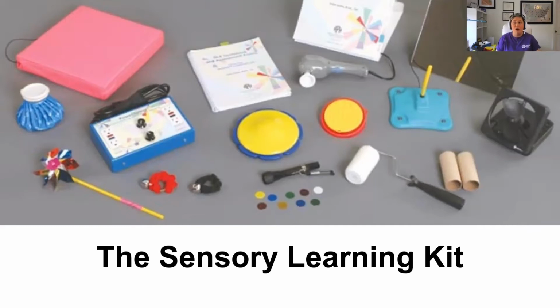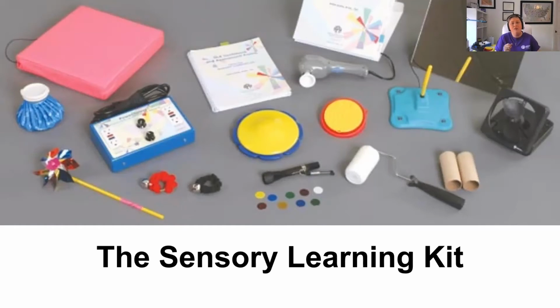So, our question for number 3, the sensory learning kit provides students with the following. It provides them an increased quality of life. Now, who wouldn't want that? It provides them control over people and events. It gives them that control.